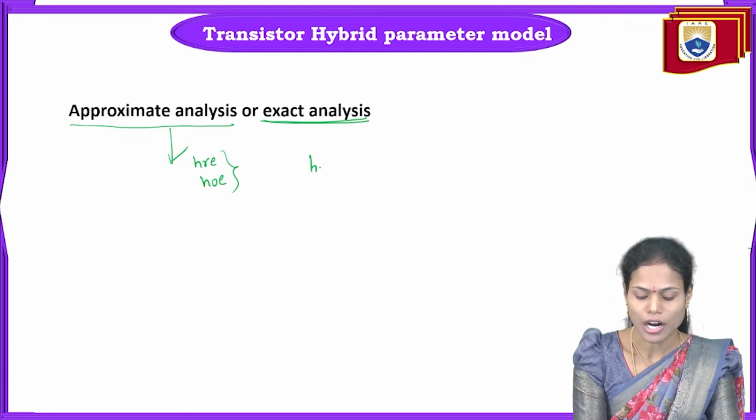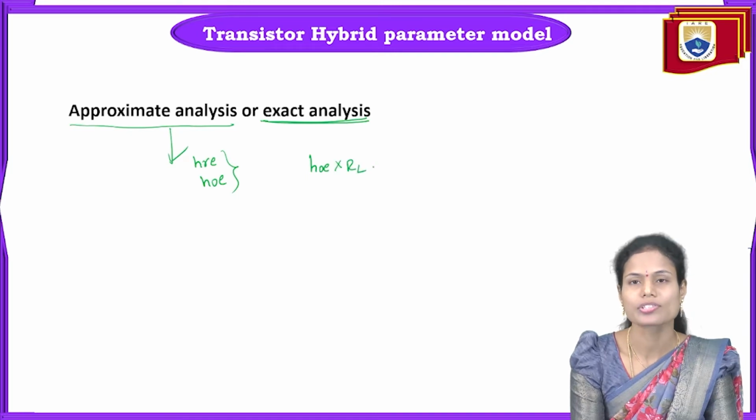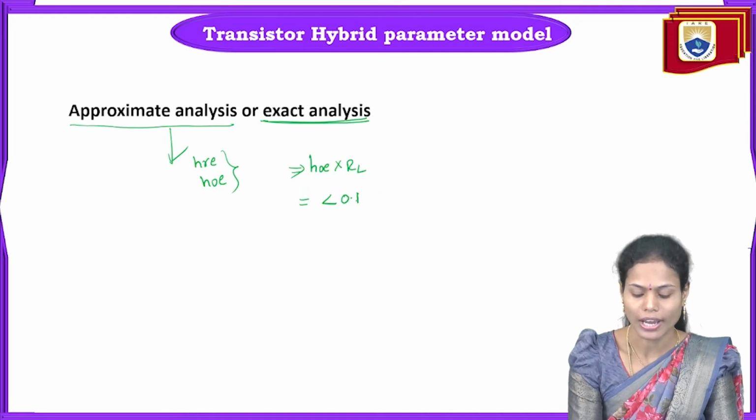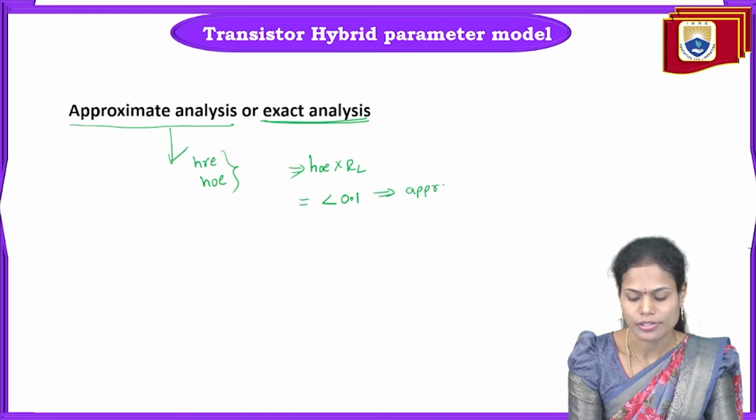Whenever we take the multiplication of the output admittance and the load resistance value, if this particular value is less than 0.1, only then we need to go with the approximate analysis.